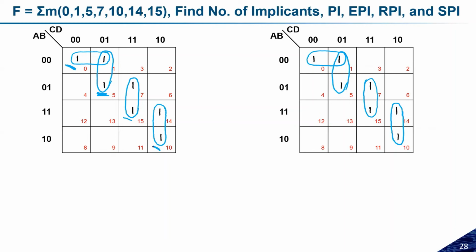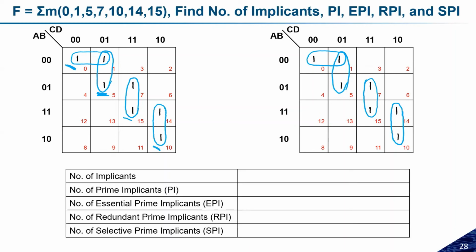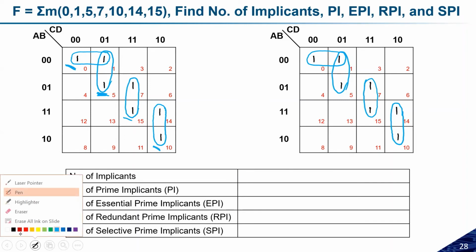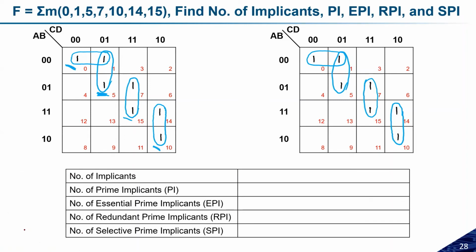So let us try to write the first parameter, which is the number of implicants. How many implicants do we have? Can anyone tell me? 7. Perfect, we have 7 implicants.